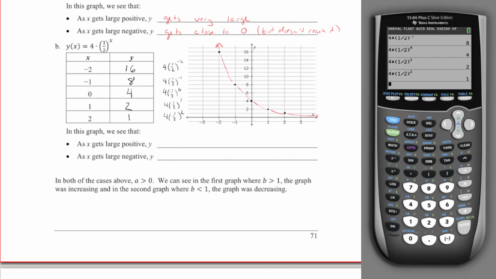When x is a large positive number, we see y gets very close to 0. But again, it never quite makes it, because as x increases, we're multiplying by a half over and over again, which is going to give us very, very small numbers, but it's never going to get us all the way to 0.